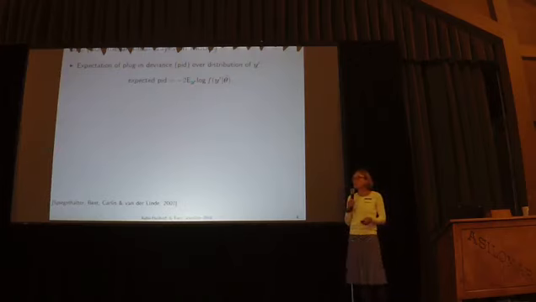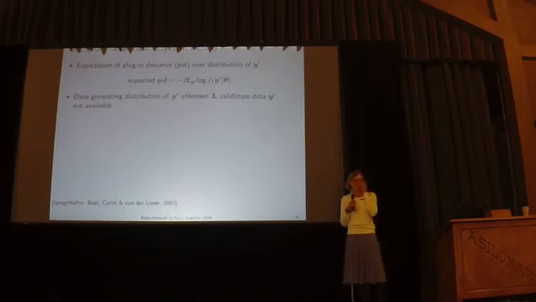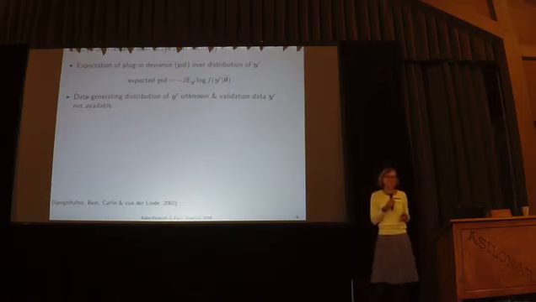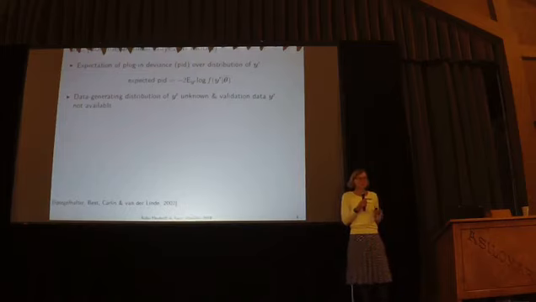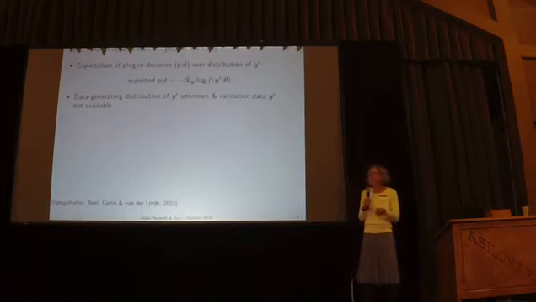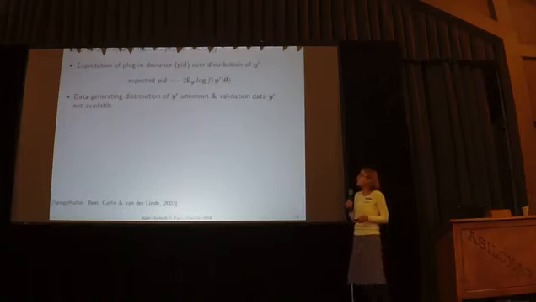But we can't really evaluate that expectation because we don't know the generating distribution of the future data. And we assume that they come from the same true model as the observed data, but the whole point is that we don't know what that model is. And we can't even evaluate this plug-in deviance for one out-of-sample data set because we don't have any validation data typically. We just have one data set.